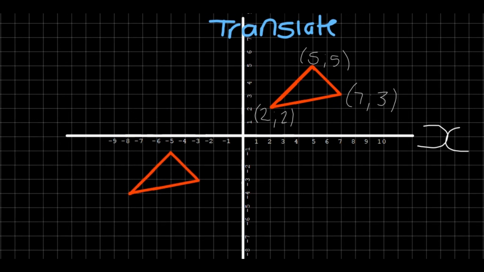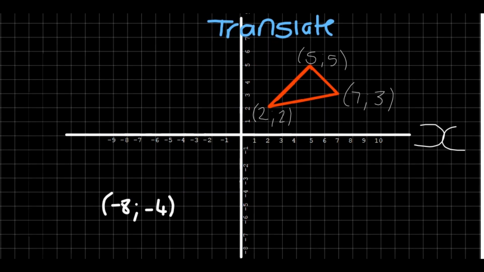So let's take this point maybe 2, 2, and you'll see that the new point, that 2, 2, is now -8, -4. So the coordinates went from 2, 2 all the way to -8 and -4.